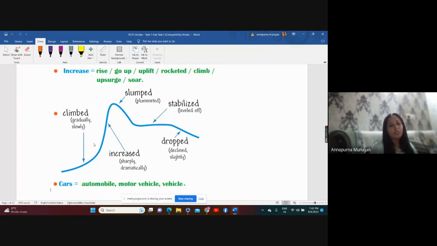So what can you use? Climb, slammed, and for falling down, plummeted, increase, drop, decline. These words are just an example. I will take you to the treasure of words here. Just give me a second.